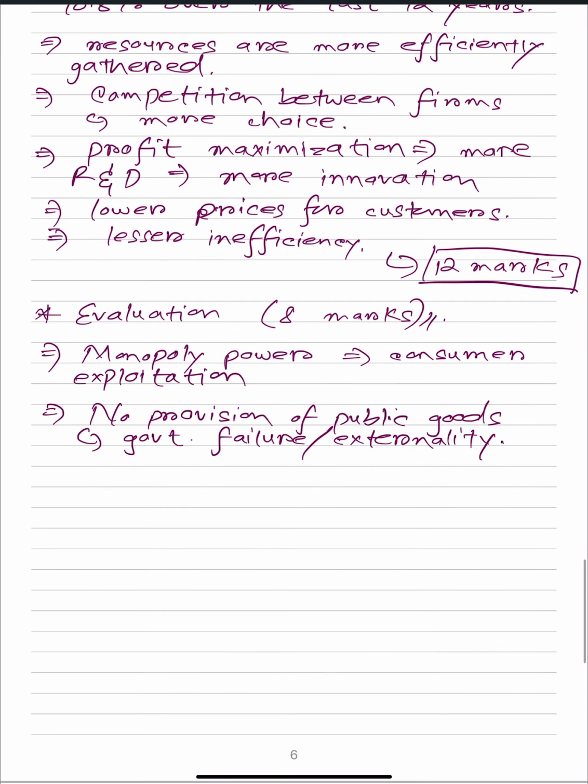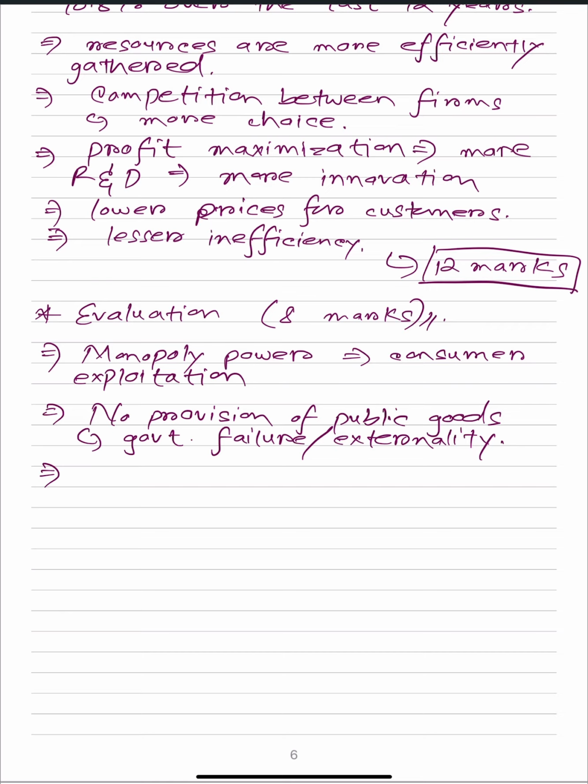Right? Because the free market or the market mechanism does not provide for public goods, does not provide for goods which have positive externalities because it's not profitable. So in that case, there will be externalities, there will be missing markets, if you remember from the externalities chapter, and that is a problem. So that is our evaluation.